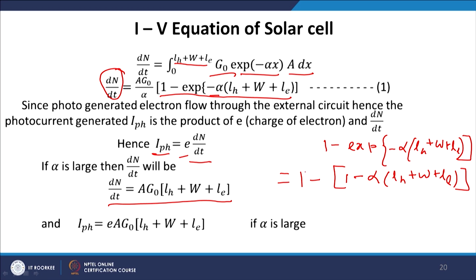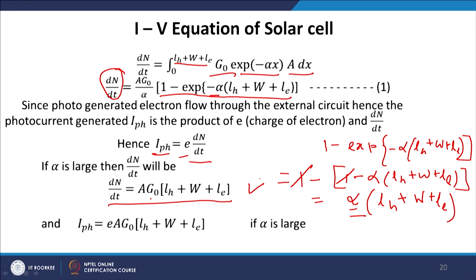So, this 1 and this 1 cancel out, this minus and minus give plus, giving you alpha LH plus W plus LE, and this alpha cancels out with the alpha in the denominator, giving you A G0 times LH plus W plus LE. That is exactly what you have written in these expressions.